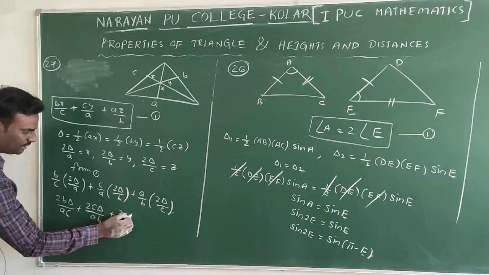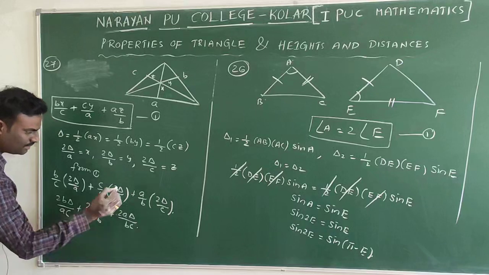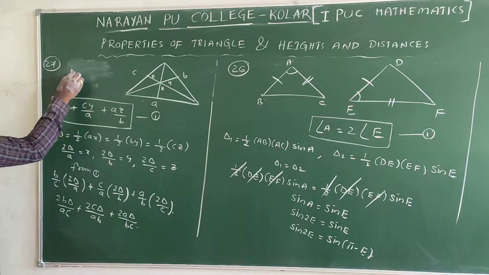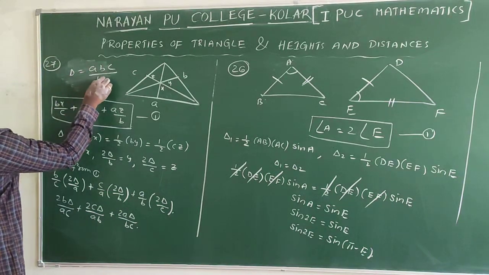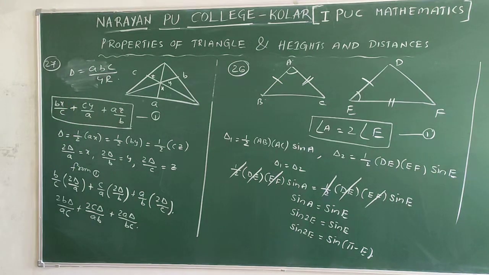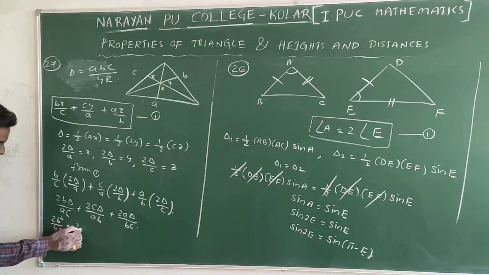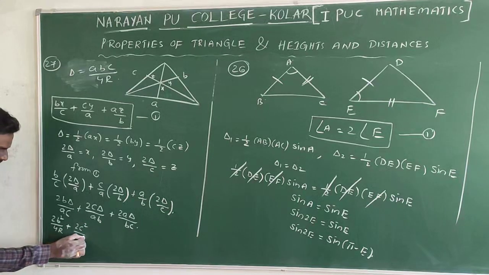Already we know the formula, delta equals abc by 4r. Now if you take abc by 4r, ac gets cancelled. Now 2b into, so ac cancels, b square by 4r you will get. Here also delta equals abc, ab gets cancelled, 2c square by 4r.